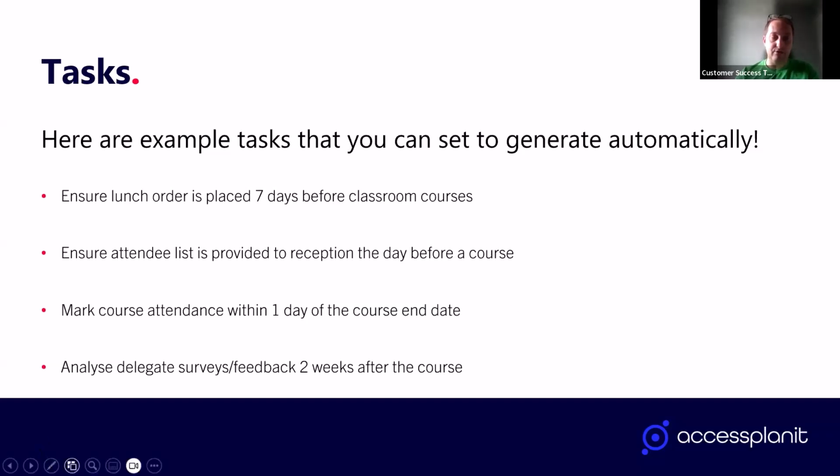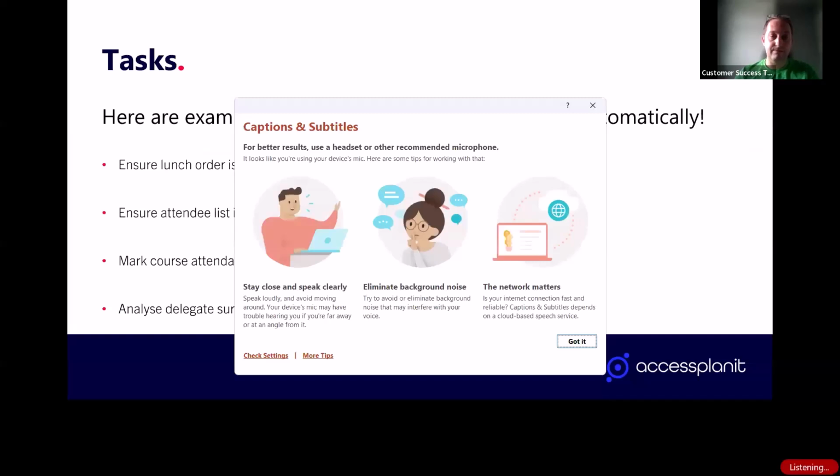So with these, it's really all about giving tasks and assigning these to people relating to a course when a course is taking place or is due to be completed. It really just gives you the ability to automate those and take away some of the manual elements of what you have to do within the course.